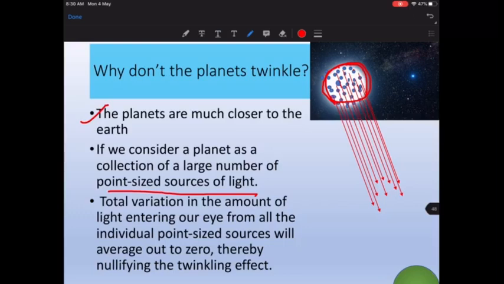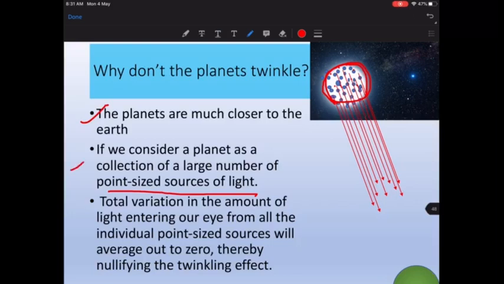Now understand this point very carefully. Every single point source of light, every small dot, the blue dot that I have shown here, is going to flicker, is going to twinkle. But when all these point size sources are flickering at the same time, they will nullify the effect. Nullify means they will cancel the effect. Together, when you see from this distance, it will not appear to you as if they are twinkling. That's why the planets do not twinkle.